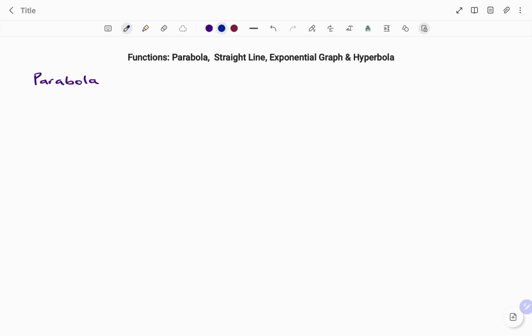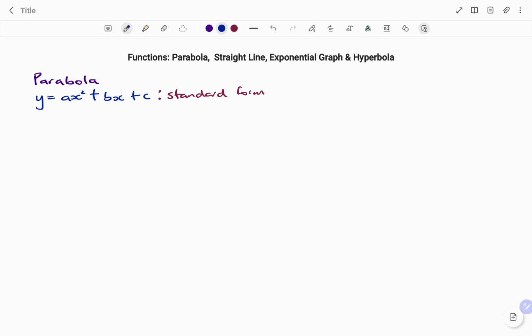Starting with the parabola, there are three forms of writing the equation of a parabola. I'm going to start with the standard form, which states that y equals ax squared plus bx plus c. That's the standard form.